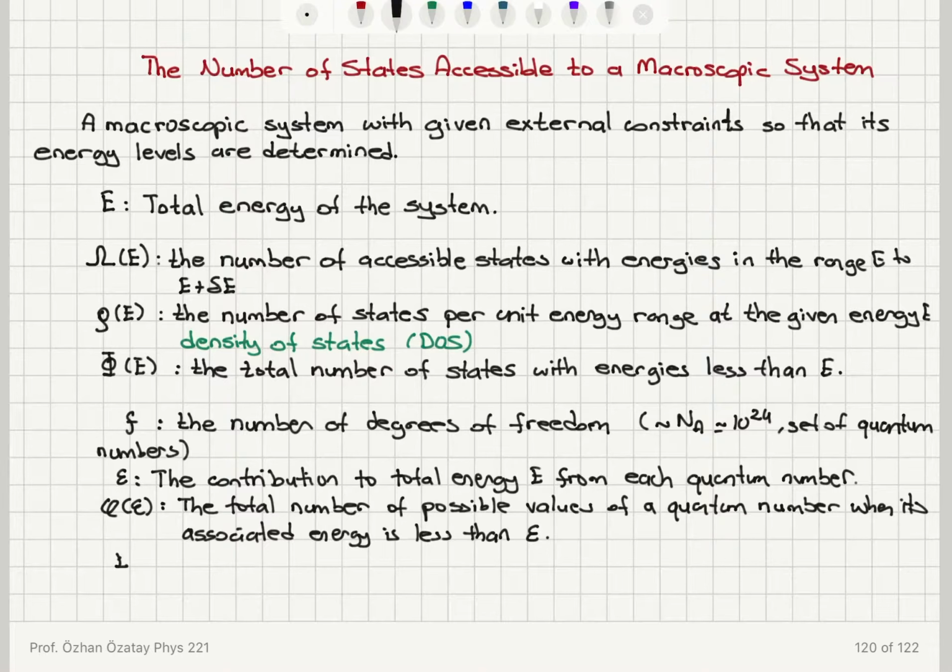We call E0 the ground state energy, ground state total energy.